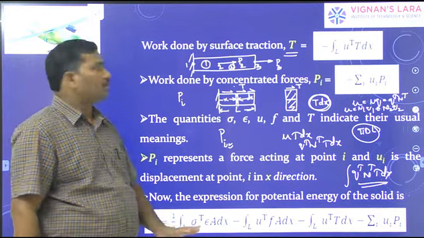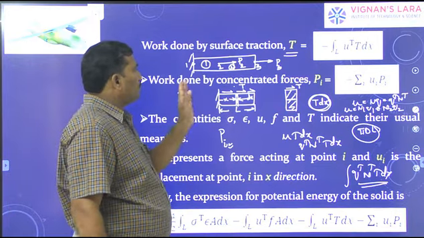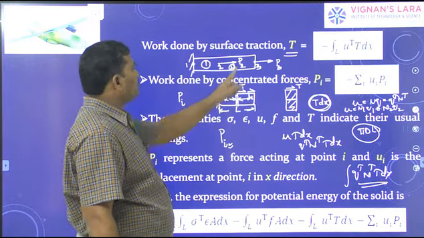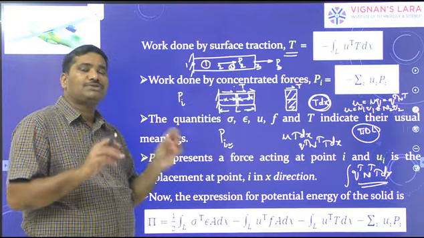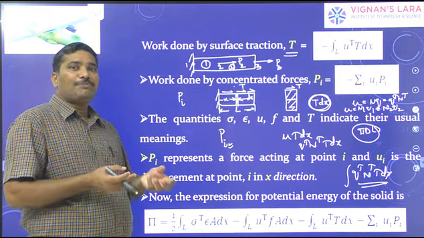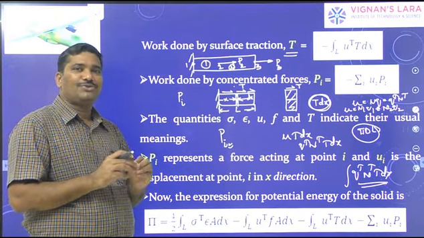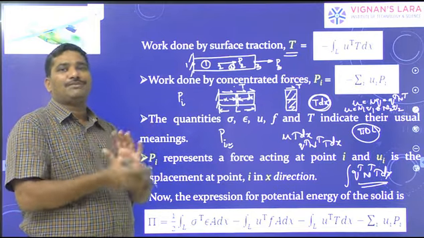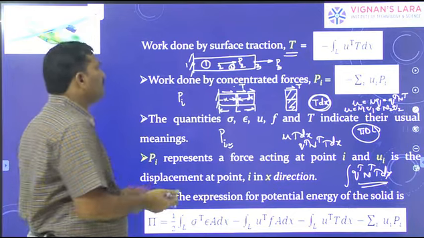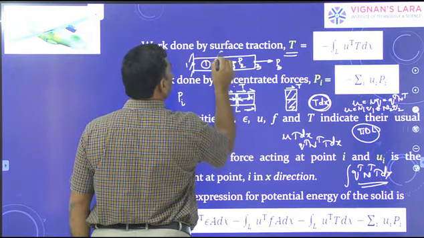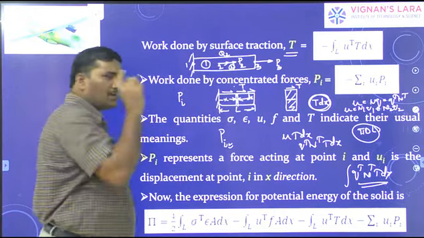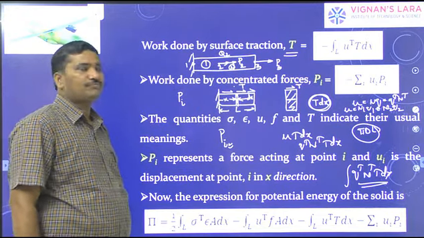Okay. Now, what is the work potential due to P2 and P3? Because they are acting at nodes, we can obtain the nodal values. Nodal values are given by the finite element method. Right? So what is the nodal value at 2? It is simply Q2. I told you in one of the previous classes.